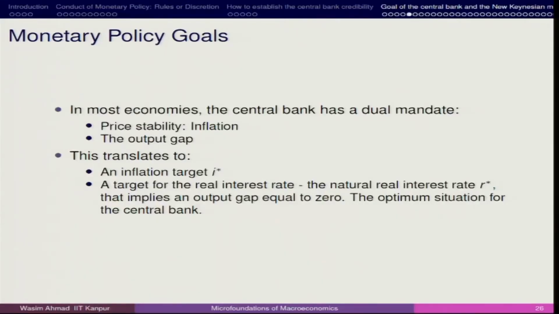When they are targeting 4%, whatever the output gap is will be very difficult to achieve. So, these are the two legs of the dual mandate. In the case of the Federal Reserve, the US central bank, and most economies, these are the normal targets if you are following the Taylor rule that we have followed. Price stability is the inflation, and then we have the output gap. One of the legs will be very difficult to fix, and it is also very difficult to fix both the legs.